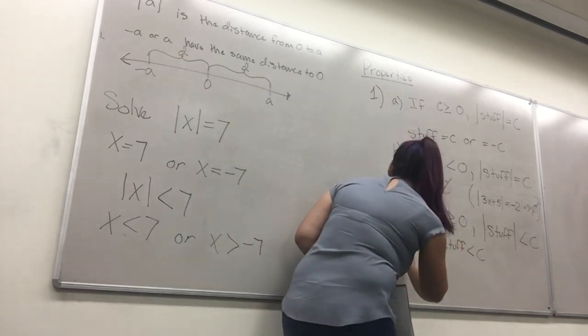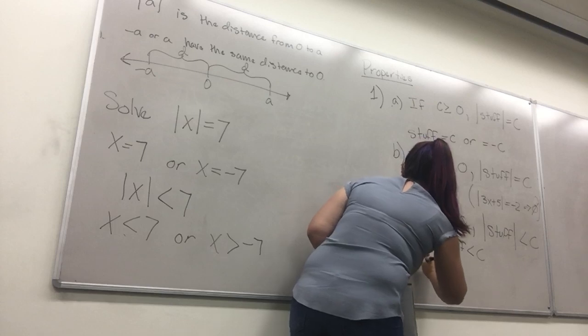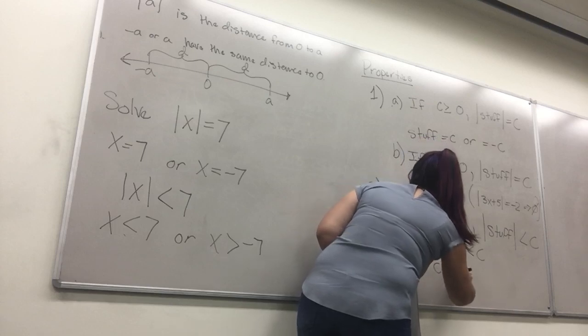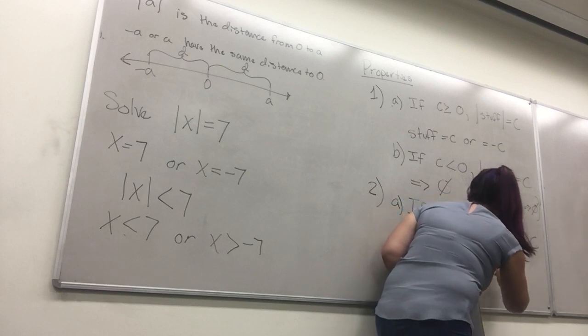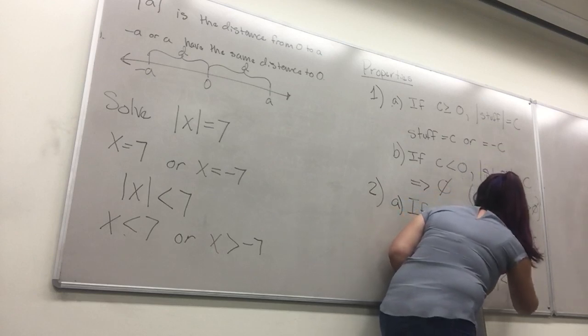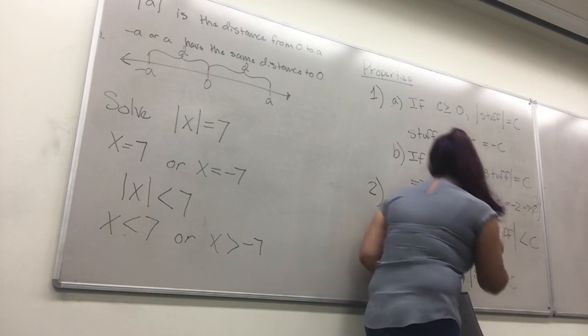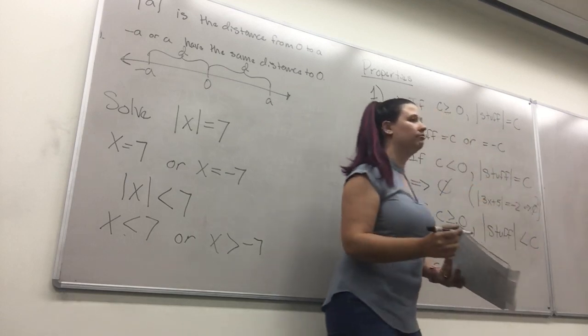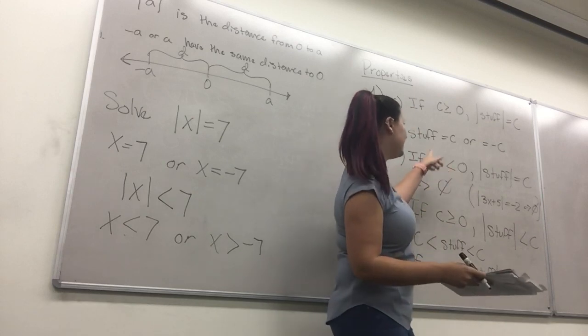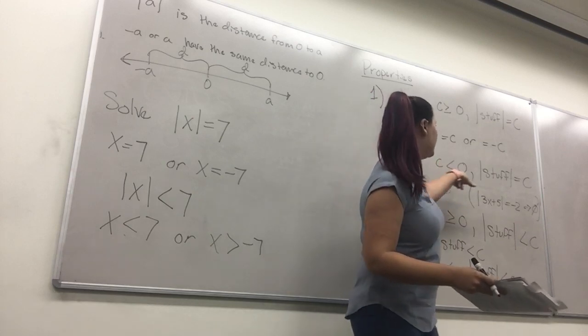Okay, so the second part of this is if we have C being negative, and so same setup, we have the stuff is less than C. Can an absolute value be less than a negative number? No, because it can't equal a negative number, right?